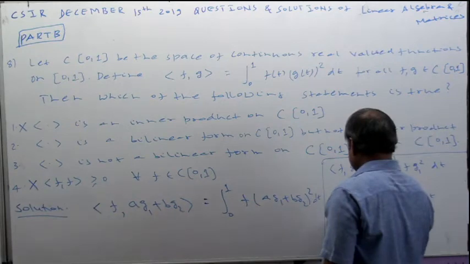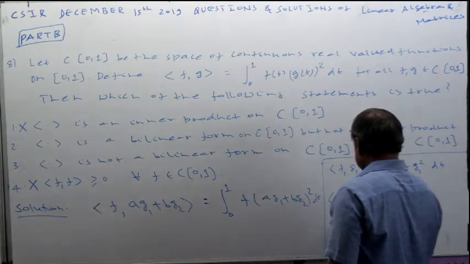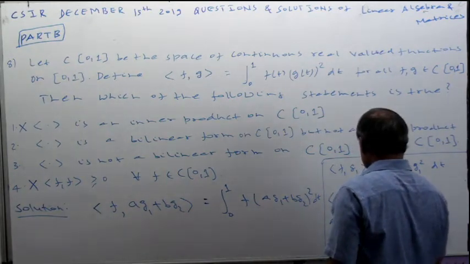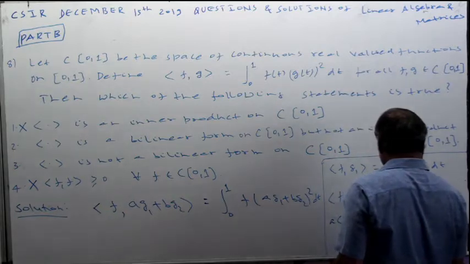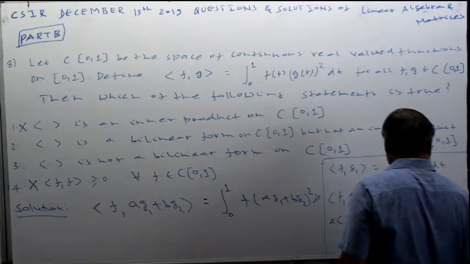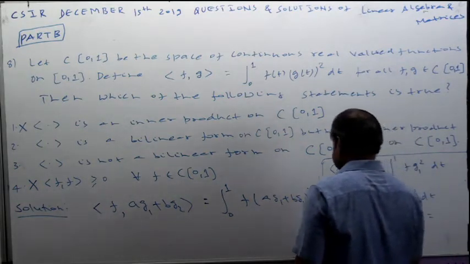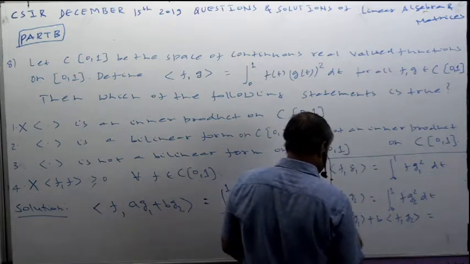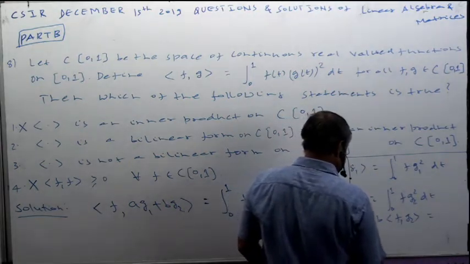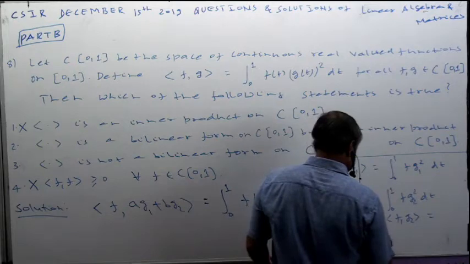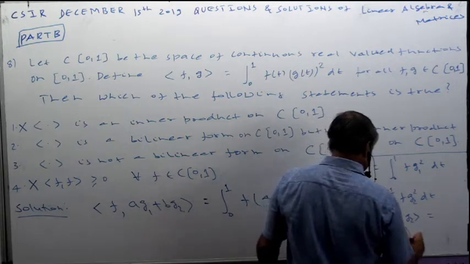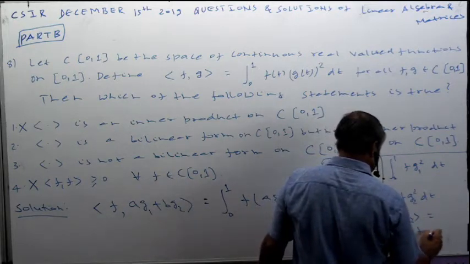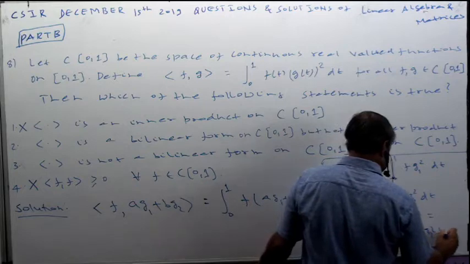Now a f g1 plus b f g2 is equal to a times integral 0 to 1 f g1 square plus b times integral 0 to 1 f g2 square dt.